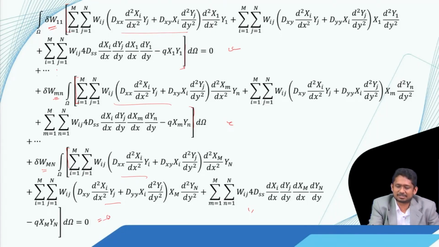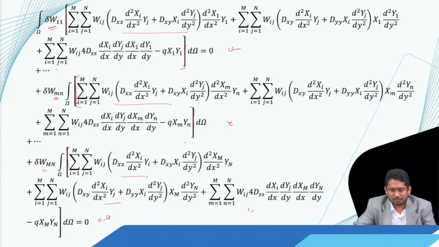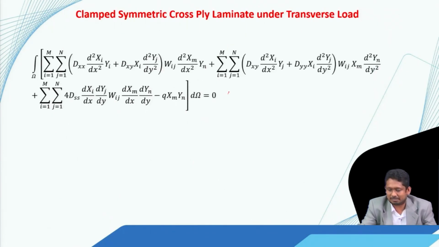That means, whatever I have written inside the square bracket is independently 0. Similarly, for all the terms, whatever I am multiplying with delta W m n, everything inside the square bracket is separately 0. So, this gives me total capital M multiplied by capital N number of equations, where the mnth equation can be written as this.